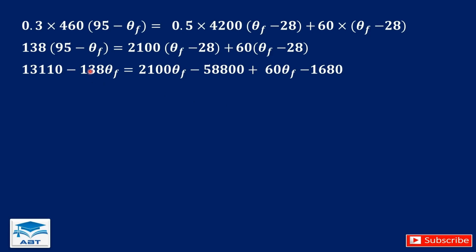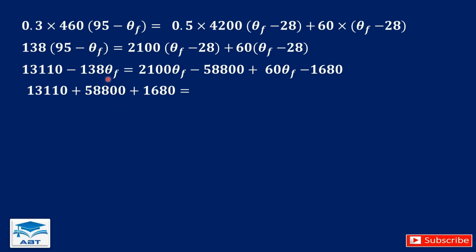So we group like terms. We group all variables containing final temperature to this side and the other numbers to this side. So we have 13110 plus 58800. Since it's negative, when it crosses the equal to sign, it becomes positive. And 1680 is also negative.